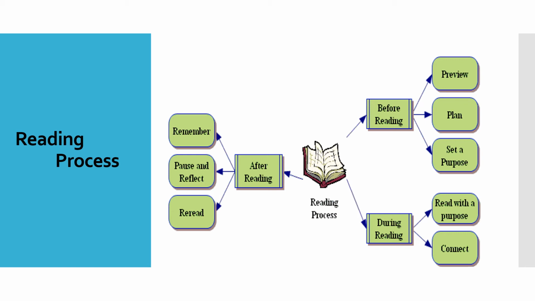So you can understand with the help of this chart that reading involves a physical part. Obviously you will try to recognize the words by pronouncing them, so there is a physical involvement, and there is constantly a mental involvement as well.